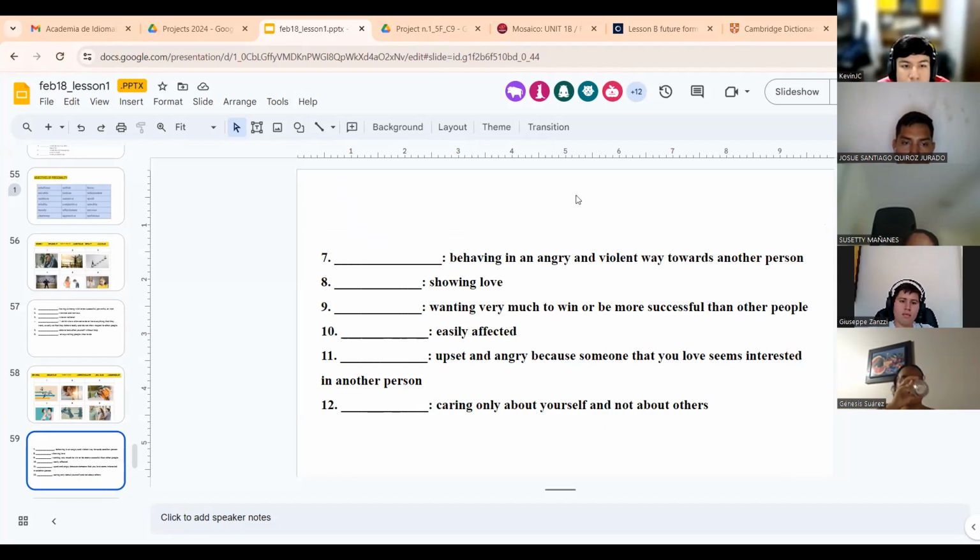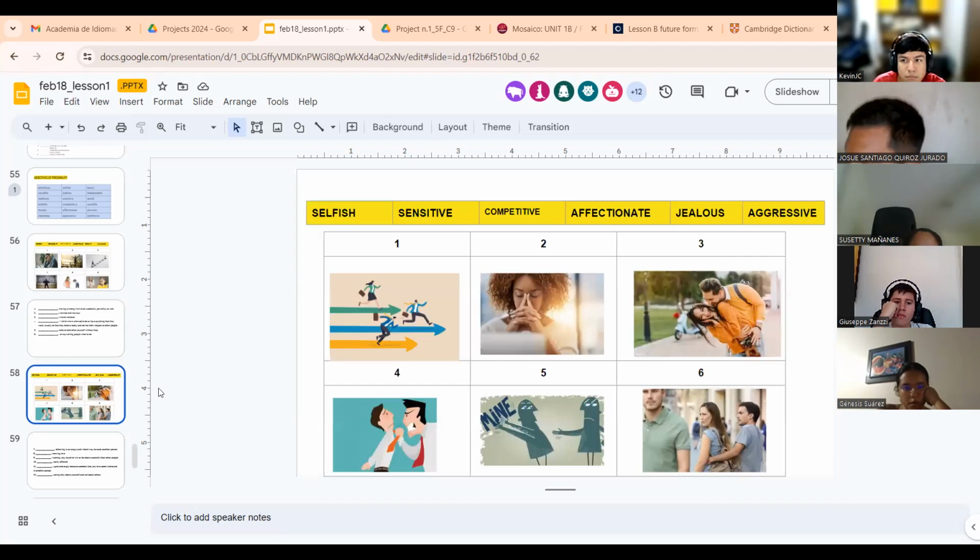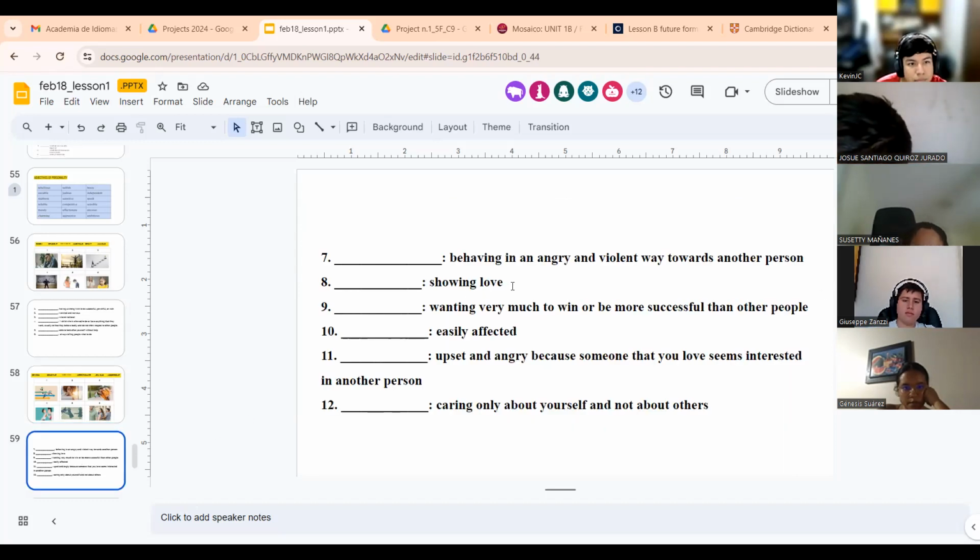Aggressive, correct. Susetti, number eight. Could you show the image where they are? Of course, thank you. Affectionate, right, showing love. Thank you, Susetti.